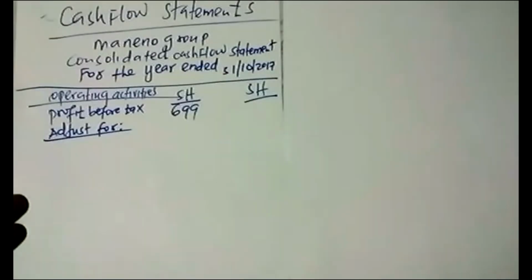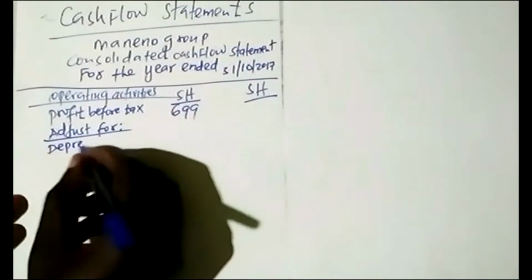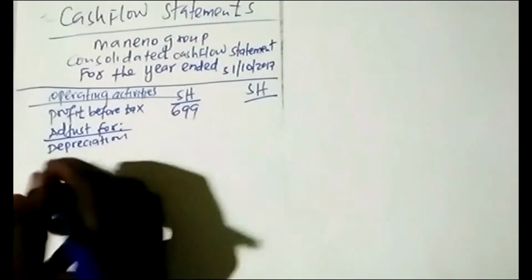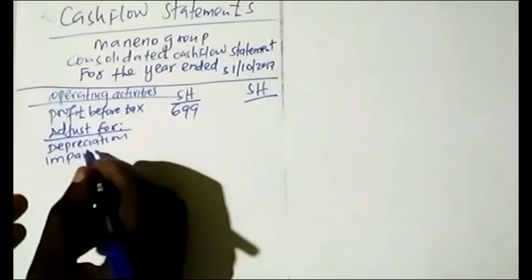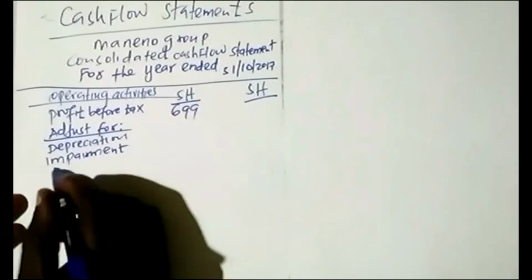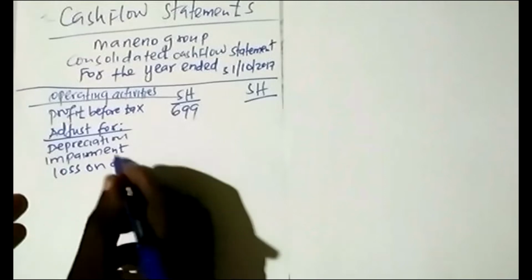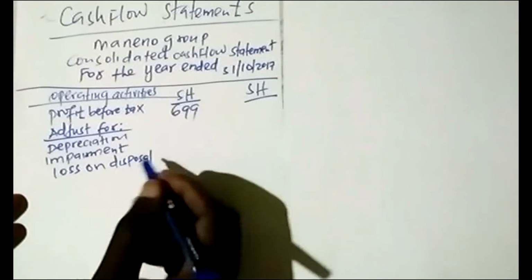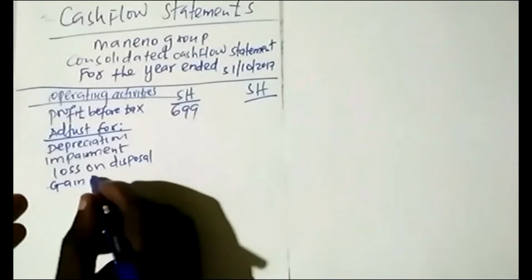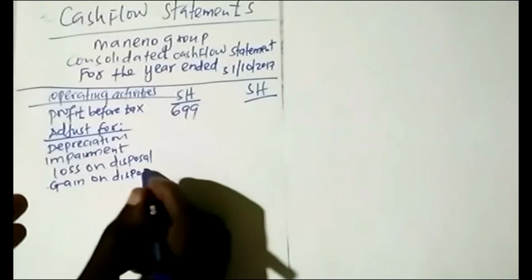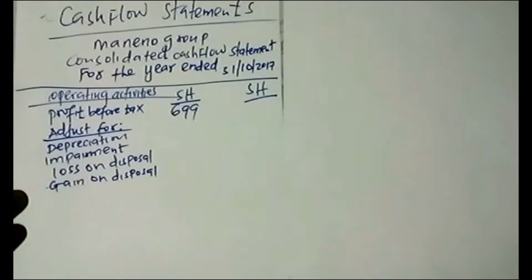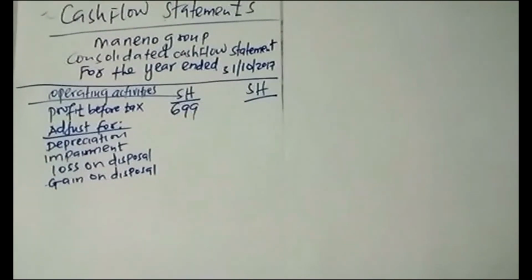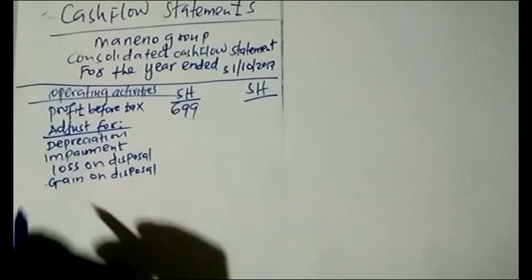The non-operating items are things like depreciation, impairment, loss on disposal, and gain on disposal. Without forgetting amortization. In some questions depreciation is provided, in some questions it's not.